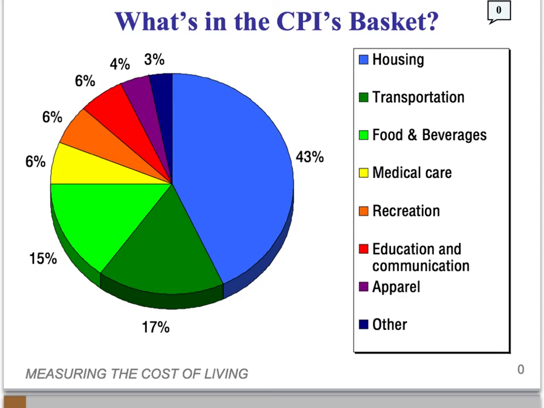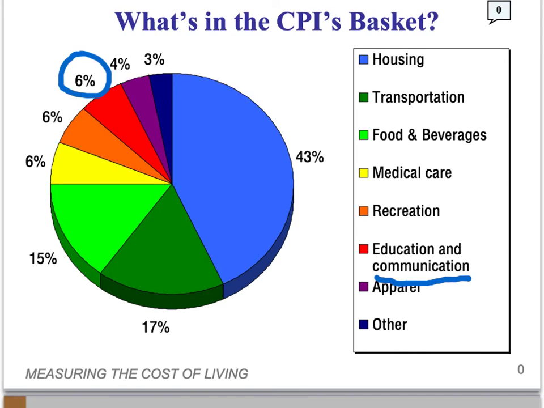The CPI basket is the best we have. Now what you'll notice is for those of you who are seniors, next year, this red component here, education and communication, that's going to go up way higher than 6% for you. And the reason is because you're going to buy 2,000 iPhones. No, the reason is because you're going to go to college. And that number is going to go up greatly for you.